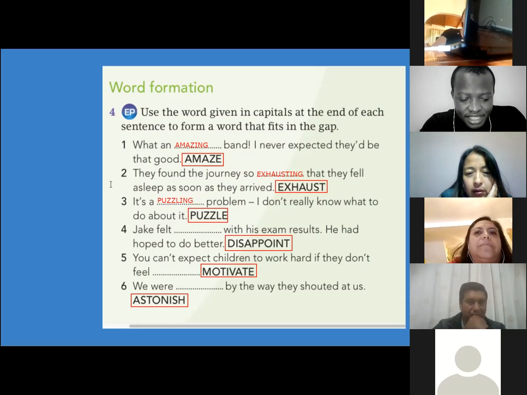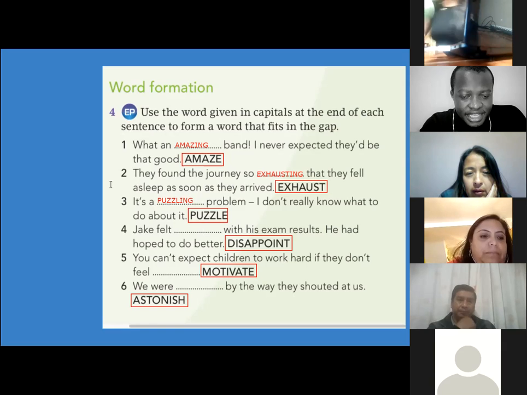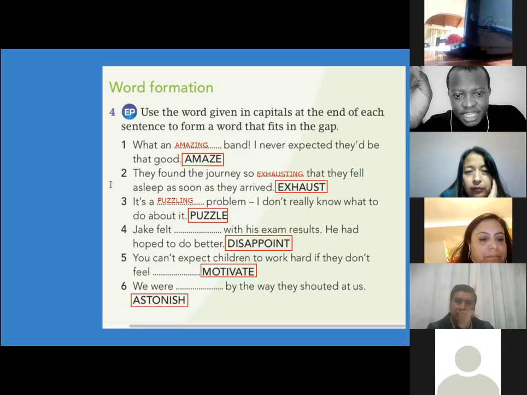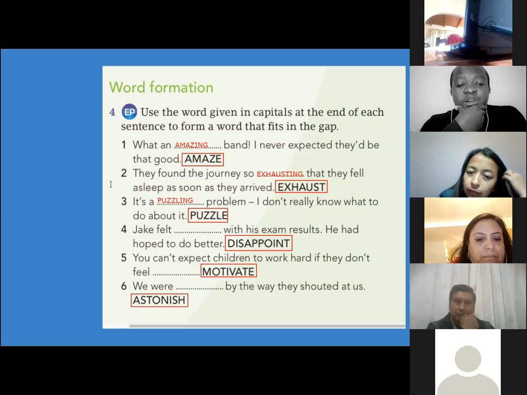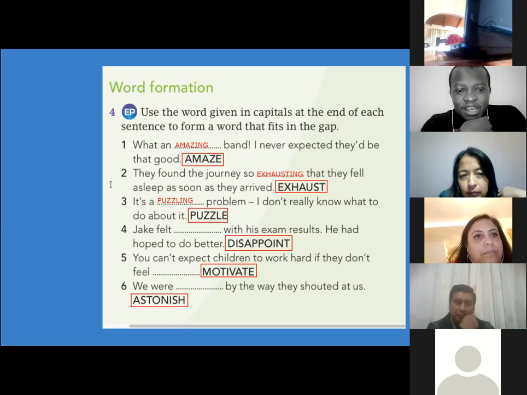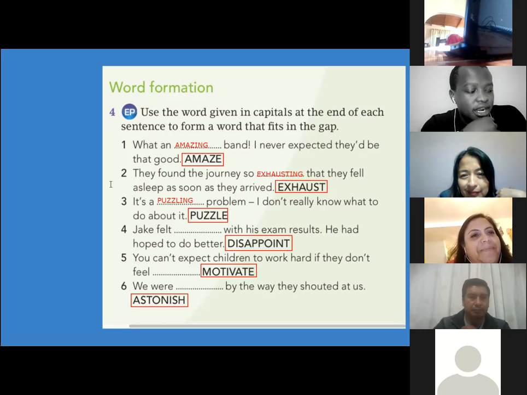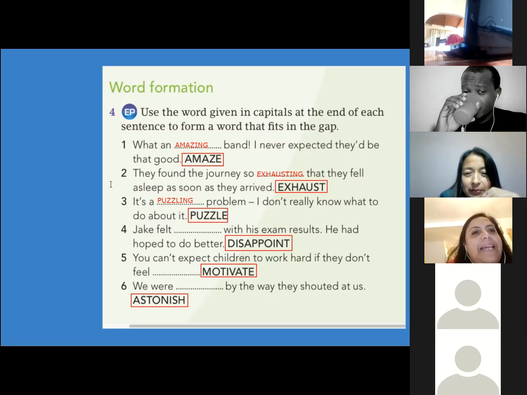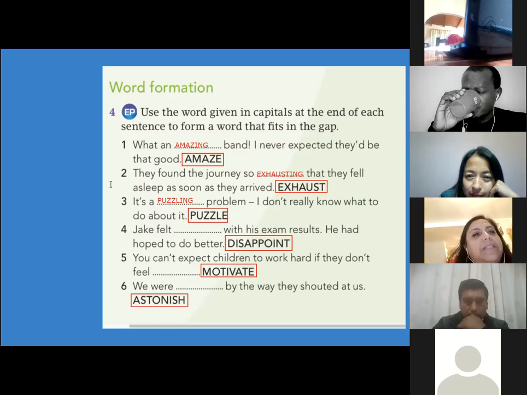And always, ING is for other things which are not people, not animals. Okay. So number 4, Carla, you were fighting for number 3. You have number 4 now. You can have it all by yourself. Yes. Jack felt disappointed with his exam results.